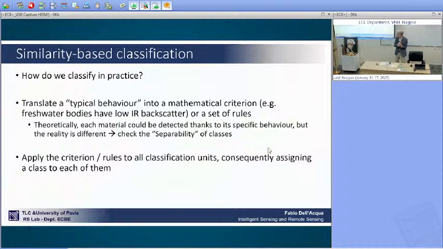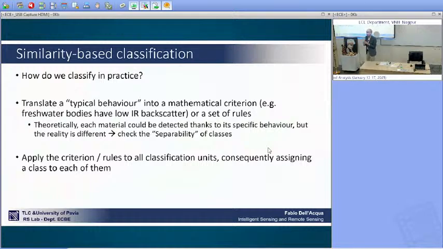Now, this is where the concept of spectral classes kicks in. A few slides back, I told you land cover and land use classes are information classes, right? We call them information classes because they convey the information that you're interested in.